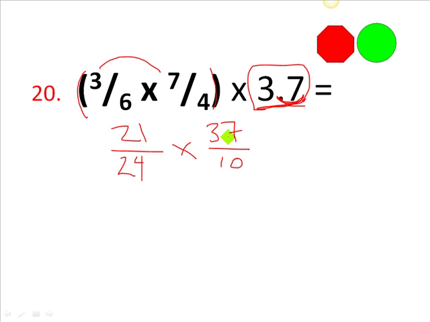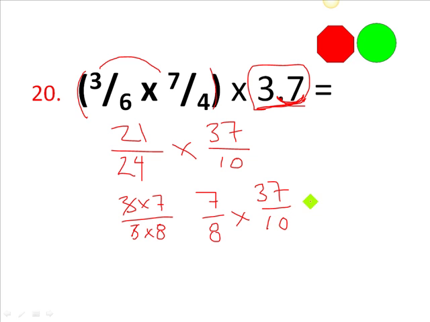Now, okay, looks to me like I can simplify this one. So 21 is the same thing as 3 times 7, and 24 is the same thing as 3 times 8. All right, I can cancel 3 with the 3, and so now I have 7/8 times 37 over 10. And that equals 8 times 10 is 80.